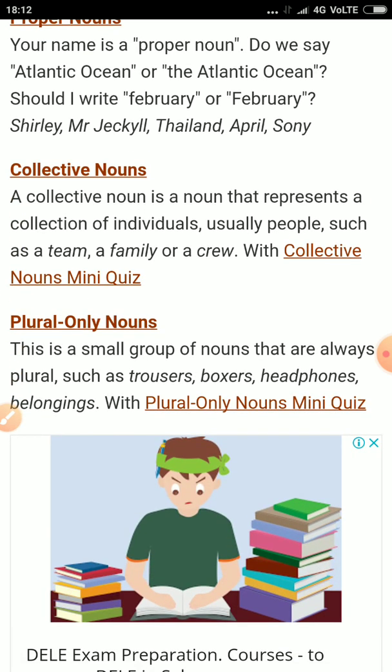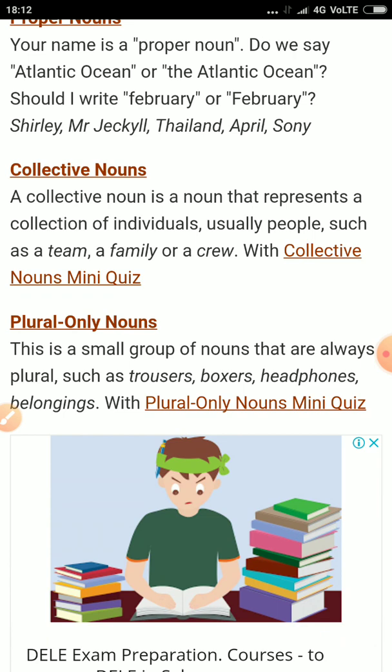Next we come to plural only nouns. This is a small group of nouns that are always plural, such as trousers, boxers, headphones, belongings. That means something which is always plural, like pants, trousers, scissors, sunglasses, suspenders, slippers, shoes, lungs.